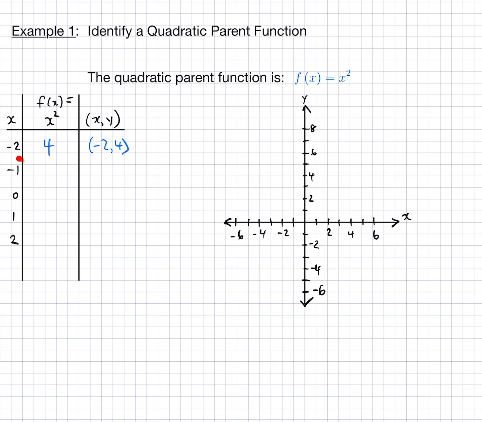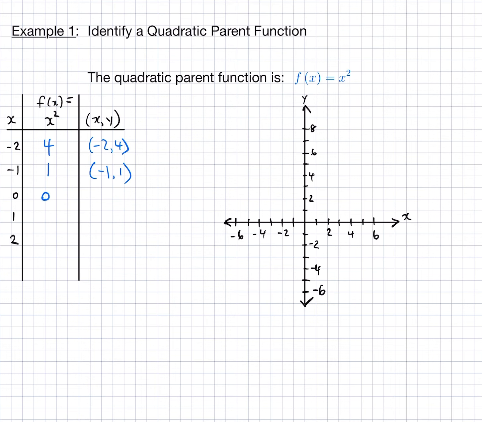And then the next input value is going to be -1, and -1 squared is 1. And so we put the value of f of x as 1, and my coordinate here is going to be (-1, 1). The third input here is going to be 0, and 0 squared in this function is going to be 0.